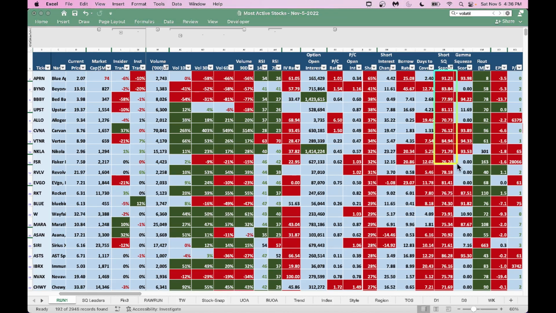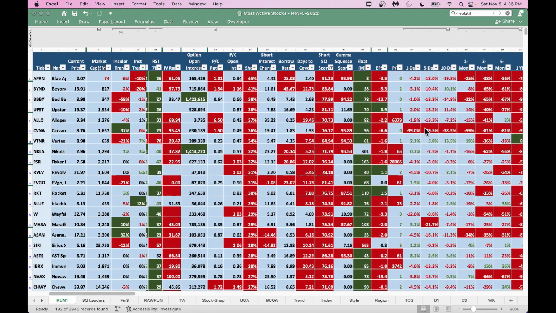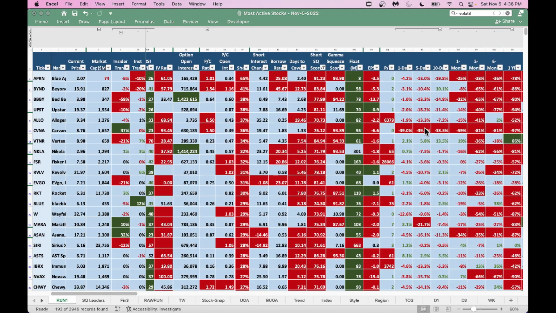Keep watching the short squeeze score. It tells you all these stocks can squeeze. And we can also look at the performance here. If the performance is slowly starting to pick up, look, we got a few names here. Look, we got VTNR. Performance is picking up at this time because RSI is really strong here. I would not pick that one up here.